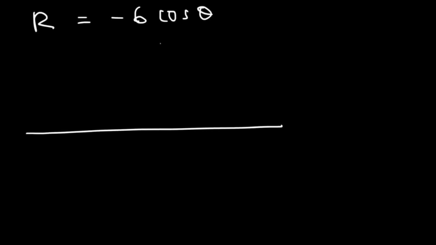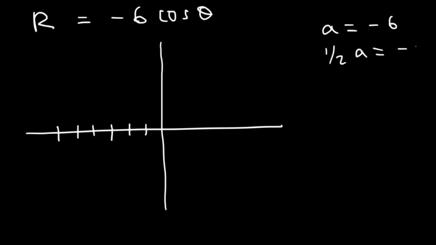Now, because A is negative, the circle is going to be on the left side on the x-axis. So let's travel 6 units to the left. Since A is negative 6, 1/2 of A is negative 3. Now, don't worry about the negative sign too much. The negative sign just tells you if the circle opens to the left.